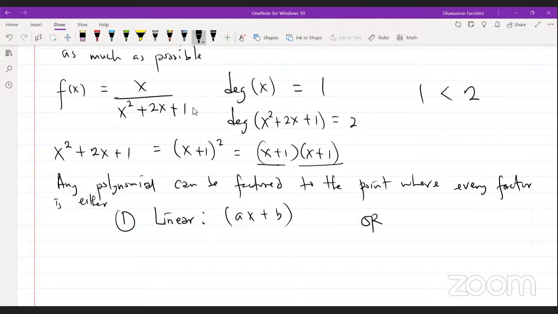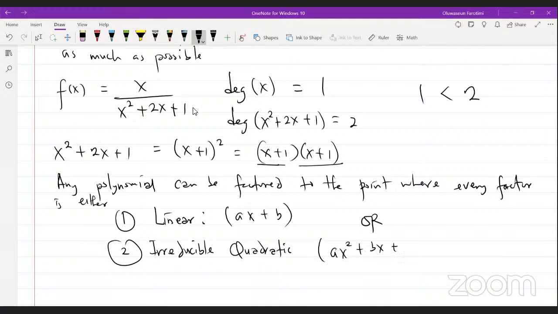Or the second thing it can actually be is what we call an irreducible quadratic. So what does an irreducible quadratic mean? It means that you have a quadratic that you cannot split. Let's say ax squared plus bx plus c with the discriminant.